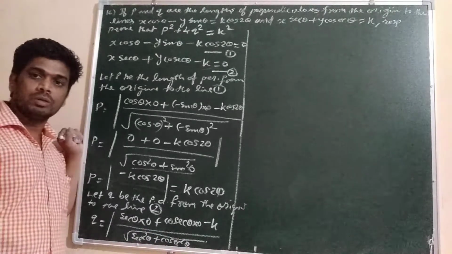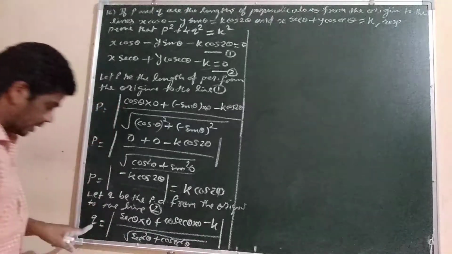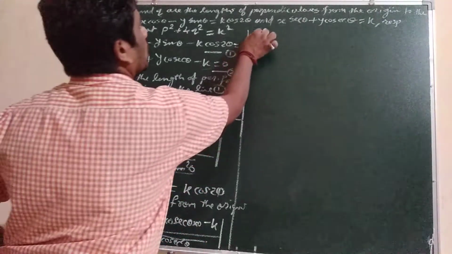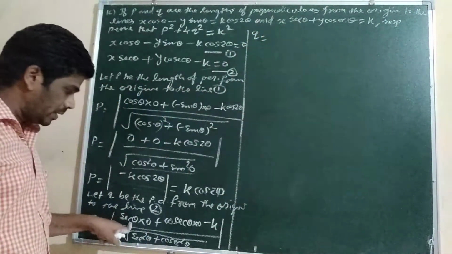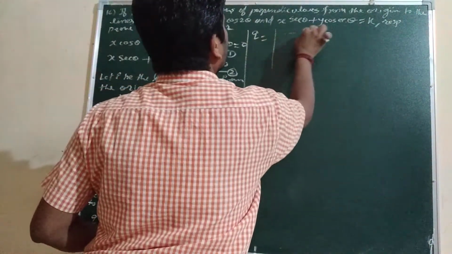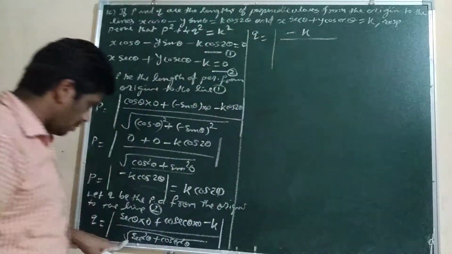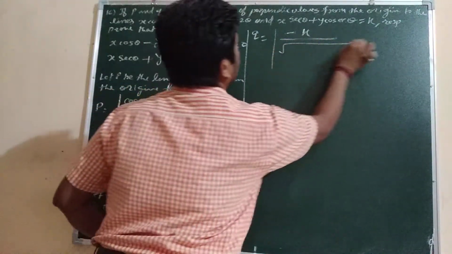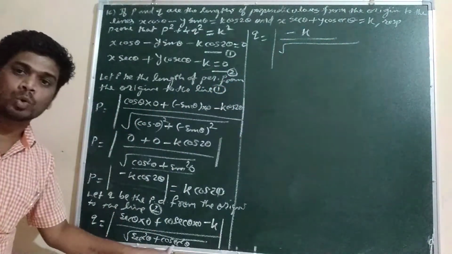This will be the modulus q value. The terms with 0 vanish, and we get minus k in the numerator, and minus k upon root of sec square theta plus cosec square theta.